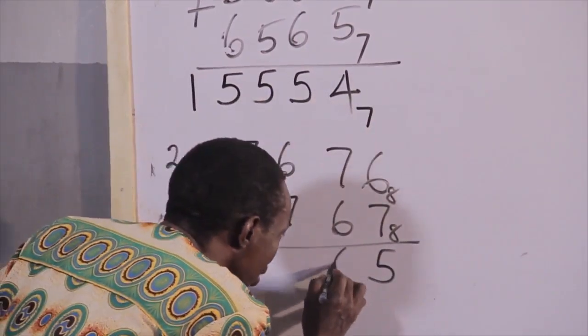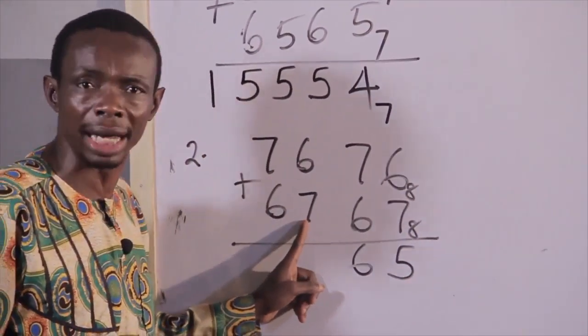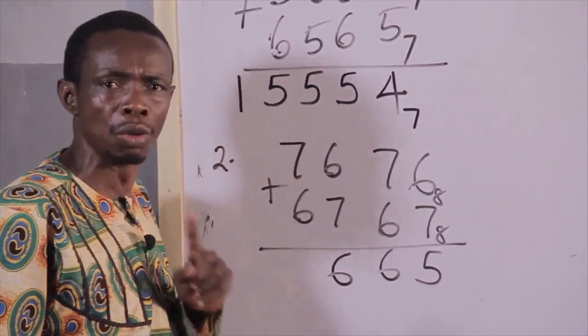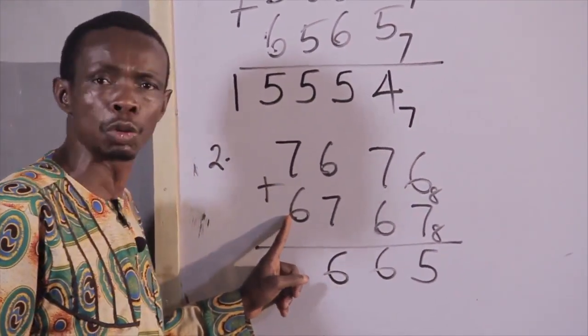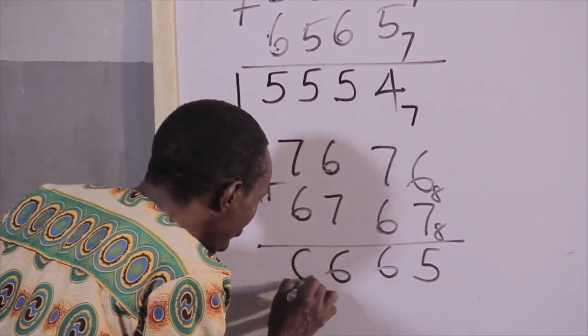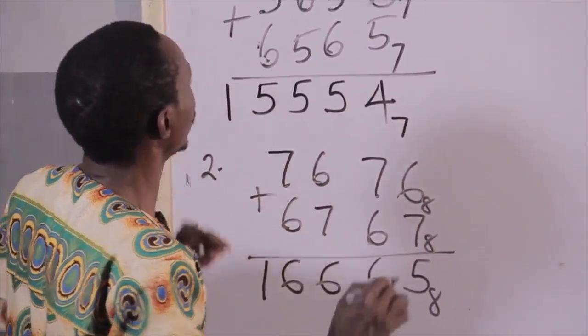I write the remainder 6. I also carry the 1. 7 plus 6 is 13 plus the 1 I carry, 14. 8 in 14, 1, remainder 6. I now put the 1 here. Everything in base 8. That is addition.